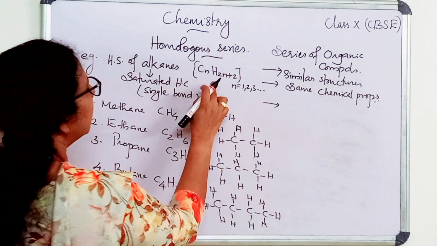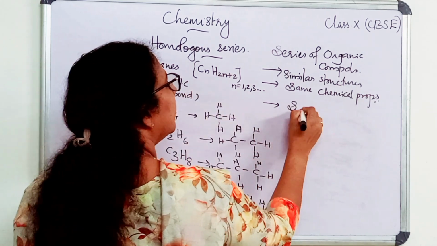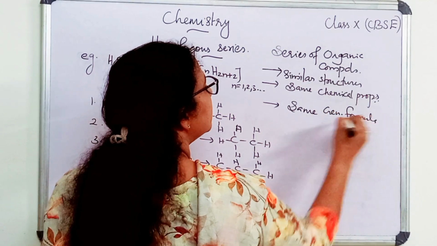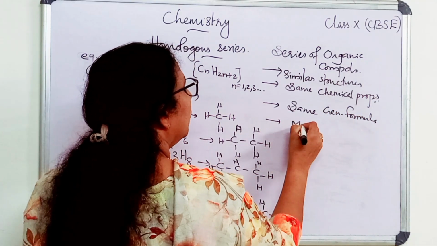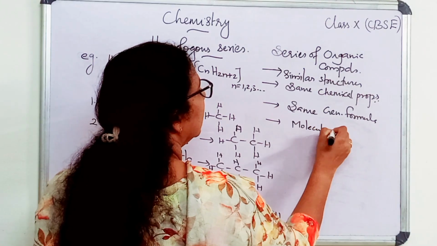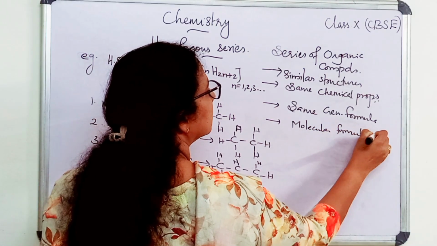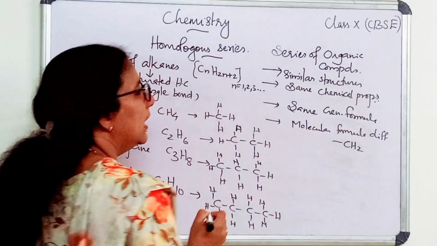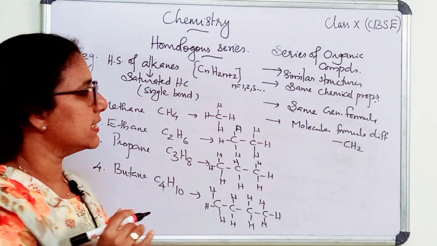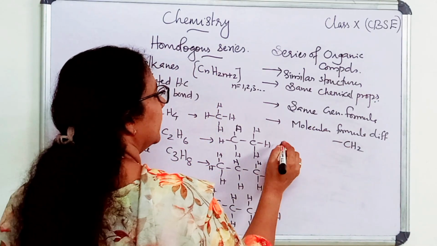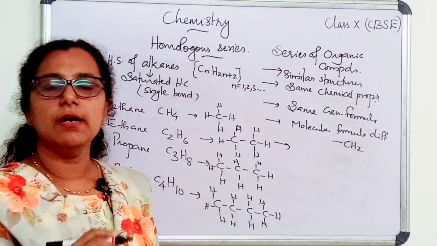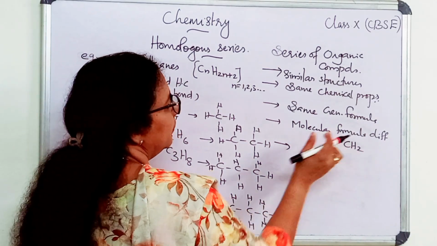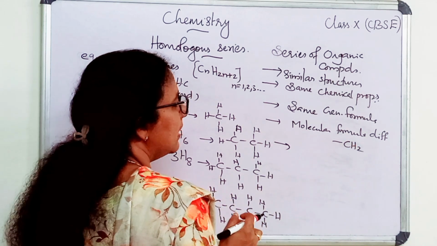Before that we can write one more point, that is they have the same general formula. Then the molecular formula difference between successive members is CH2. Now let's see what is the molecular mass difference. If the molecular formula difference is CH2, we can easily calculate the molecular mass difference.